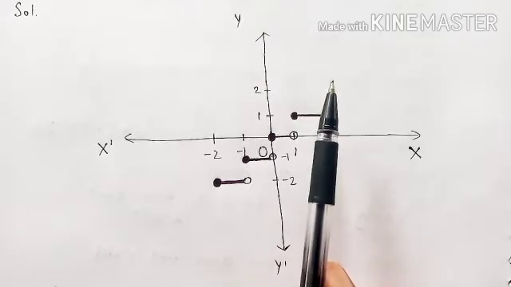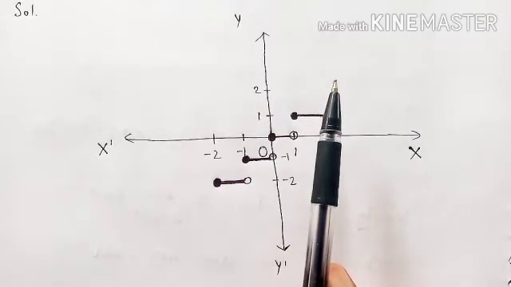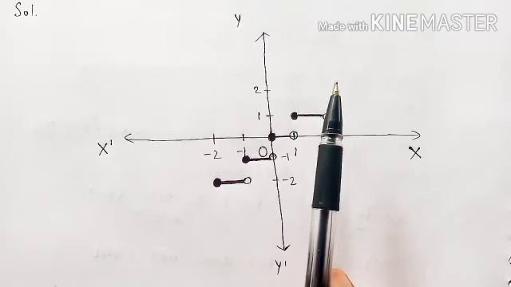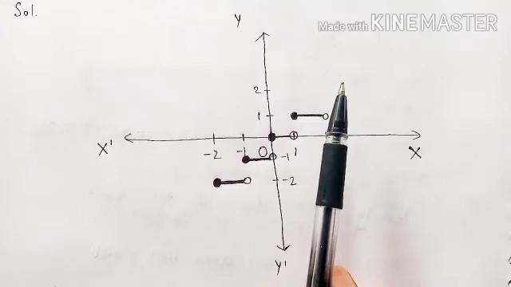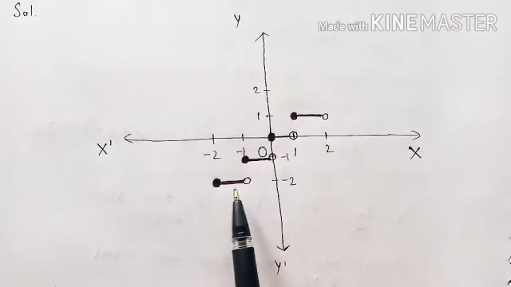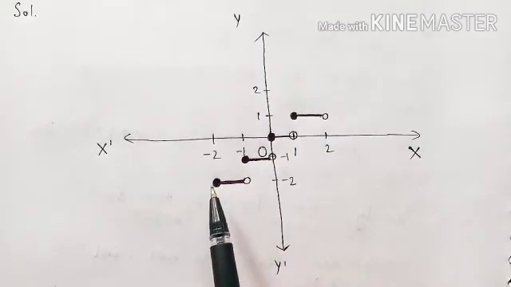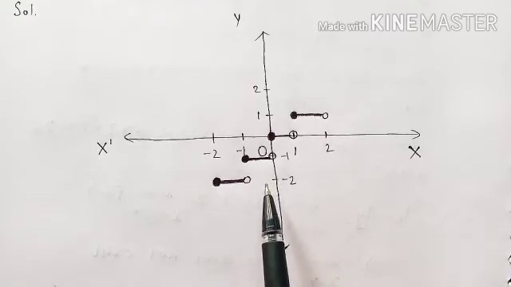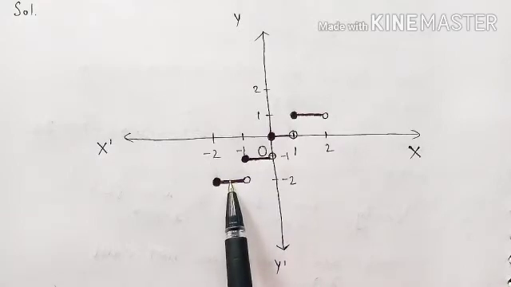So if x is an integer, then that is the value of the greatest integer, and if x is not an integer, then the value will be the greatest integer less than x. So if we take the value minus 2, the greatest integer of minus 2 will be minus 2. And if we take a value more than minus 2, suppose we take minus 1.5, then the greatest integer of minus 1.5 will be the greatest integer less than minus 1.5, which is minus 2.